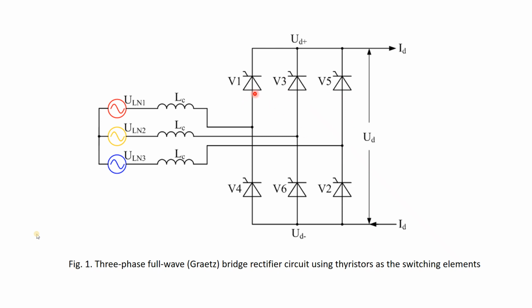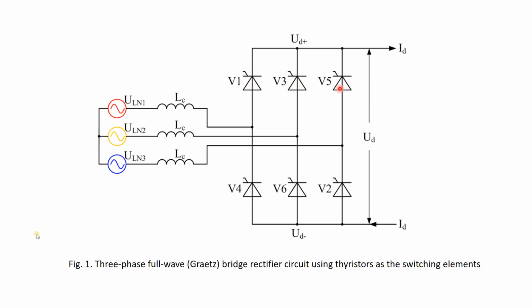The numbers are not adjacent to each other, because depending upon the operation, at a time any one pair, that means any 2 thyristors, operate, like 1 and 2, then 3 and 4, then 5 and 6. That is why the names are given in this way.